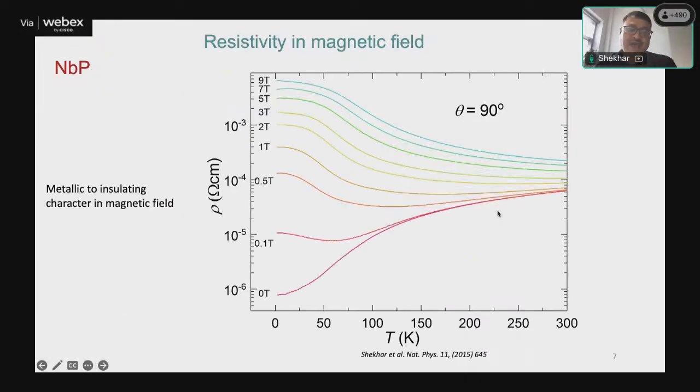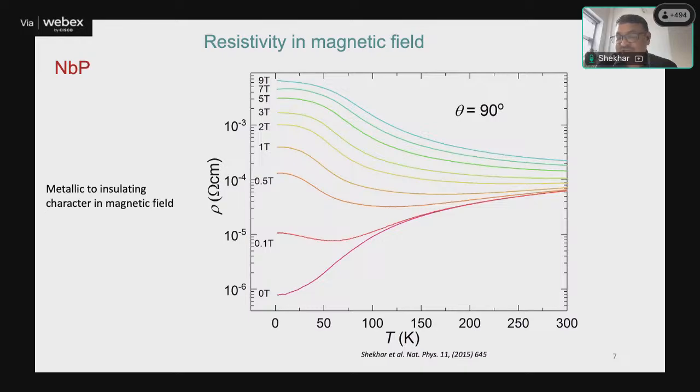Here, in the same resistance measurement without magnetic field, when we apply a magnetic field, it starts to become like insulating, not really insulating. This material does not become really insulating. In the usual word, it is called a metal-insulator-like transition.